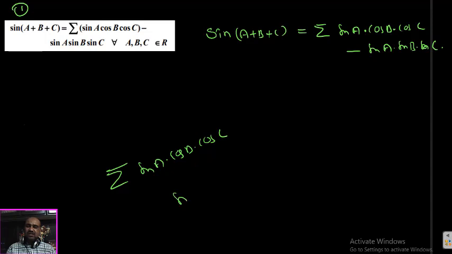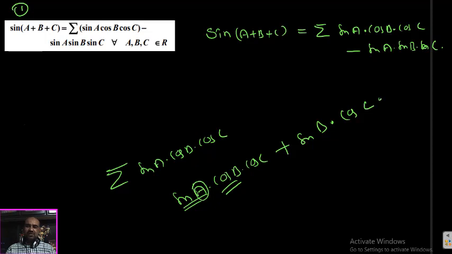First term as it is: sin A into cos B into cos C. After that, plus, sin as it is, A is replaced by B, into cos as it is, B replaced by C, into cos as it is, C is replaced by A. Cyclic: in triangle ABC we have only three angles A, B, C. A replaced by B, B replaced by C, C replaced by A, like that.